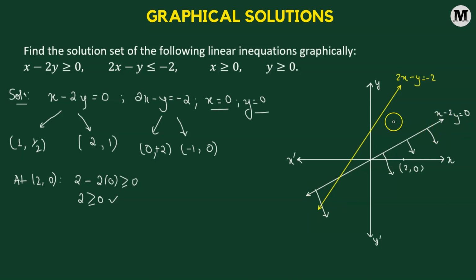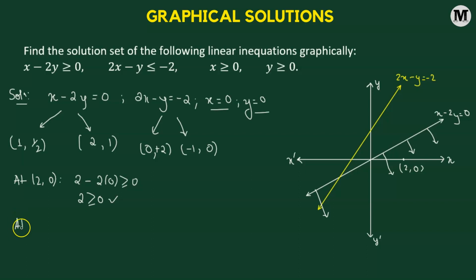Next, we consider 2x minus y less than or equal to negative 2. Here again, we'll choose the same point (2, 0). The line, colored yellow here, divides the xy plane into two regions, one above the line and the other below the line. We are considering the point (2, 0), which lies below the line, and we will check if it is a part of the solution or not.